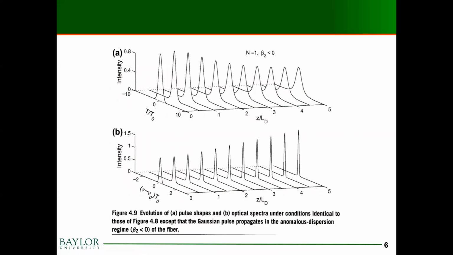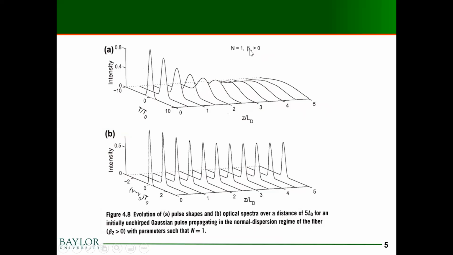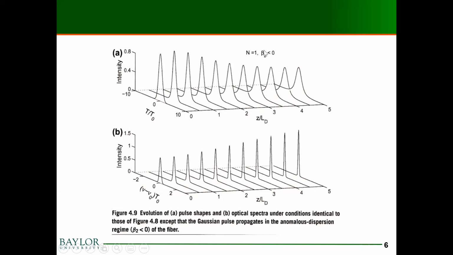Okay, now let's look at the other case. The first case has beta 2 greater than 0. Second case, beta 2 is less than 0, right? So in other words, the nonlinearity plays a role always in one unique way. They always add the phase i gamma U squared. But dispersion can be kind of opposite, right?